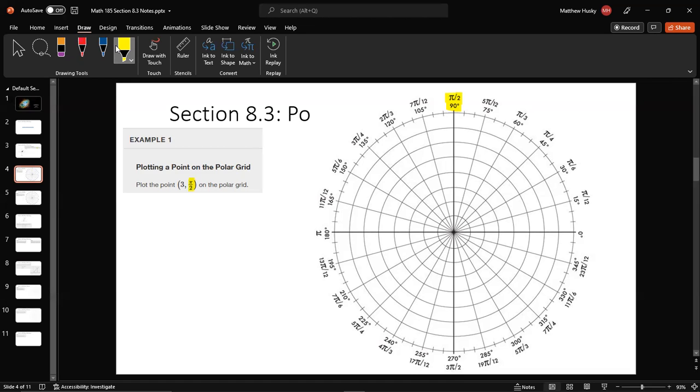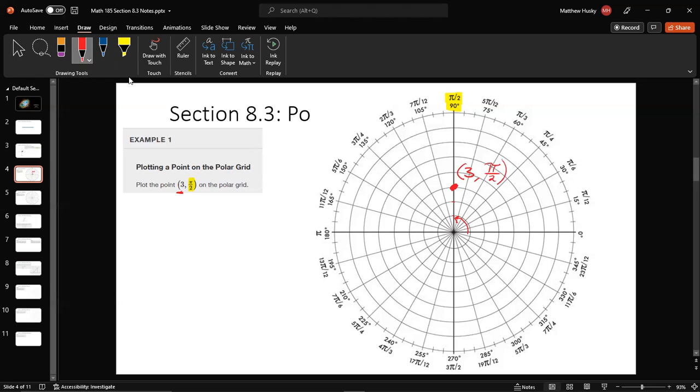And then if the radius is 3, that just means that we're going to spin 90 degrees from the positive x-axis where that typically is. And then we're going to count 3. We're going to go 1, 2, 3. And there you go. The third circle out, that is the location of 3 comma pi over 2.